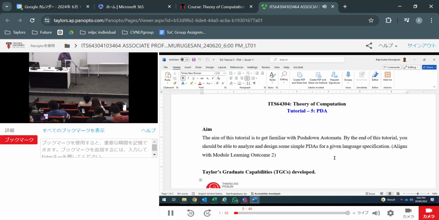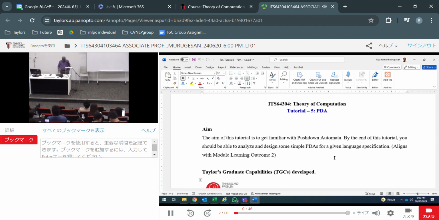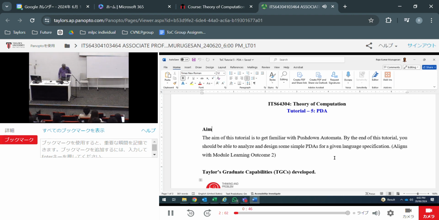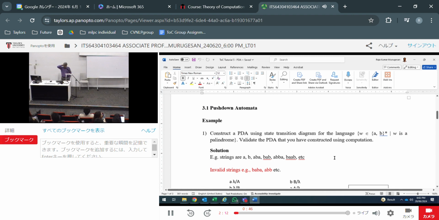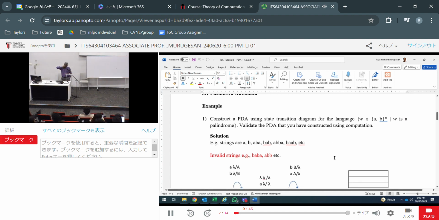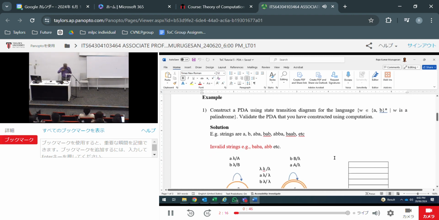And those who are under my tutorial slots, of course, I have covered the example problem on palindrome the week before the last week, that was Independent Learning Week, okay? So I have discussed during our lecture slot the example problem that has been solved here, that was on palindrome.